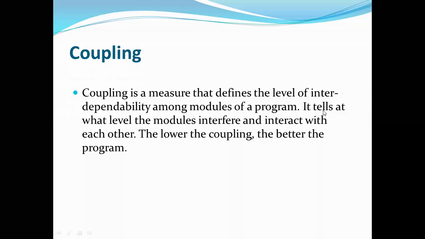But sequential is when the output of one component is input to another. That is sequential cohesion. A function that reads the data from a file and processes the data, that we can say is sequential cohesion. Procedural cohesion means the parts of a module are grouped because they always follow a certain sequence of execution.